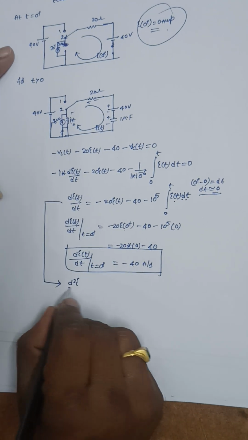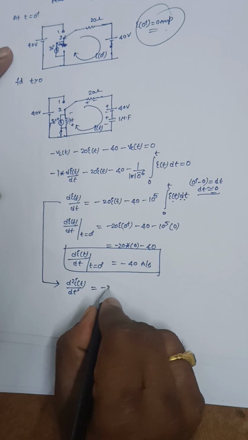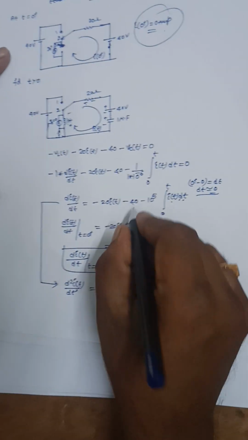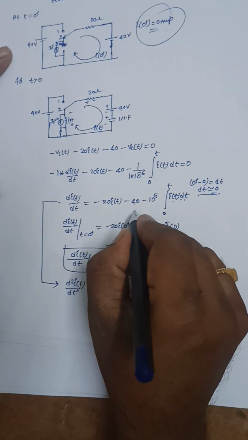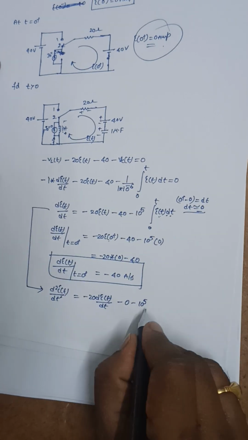once again this expression. d square I by dt square is equal to minus 20 into di of t by dt, minus 40 is 0. 40, if I differentiate this one, it will become 0. Minus 10 power 5 into I of t.